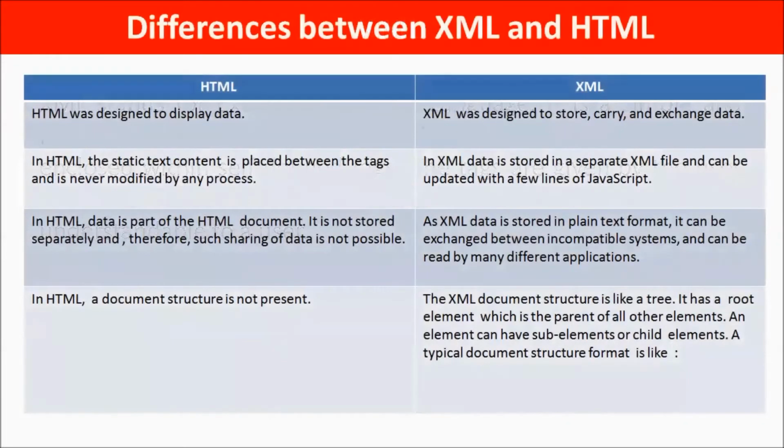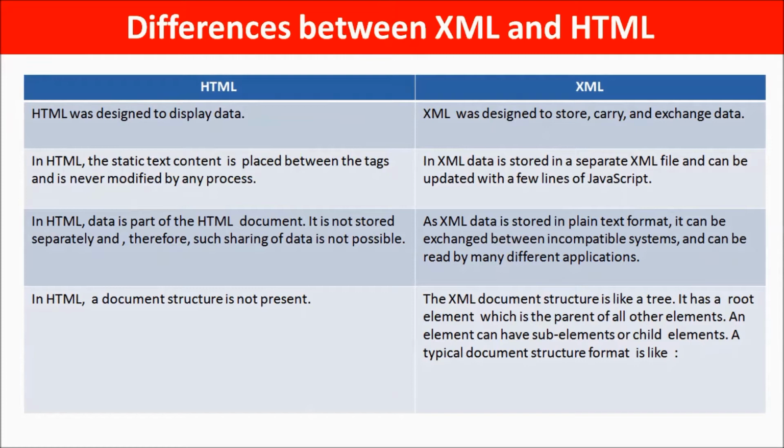Next, we'll see the differences. What is the difference between these two markup languages, XML and HTML? HTML was designed to display data. XML was designed to store, carry, and exchange data. Both these languages are used for different purposes.